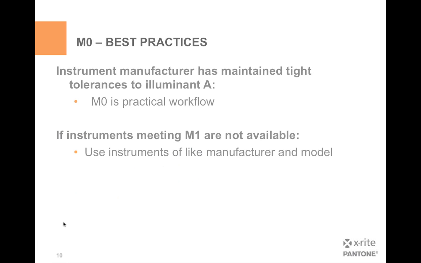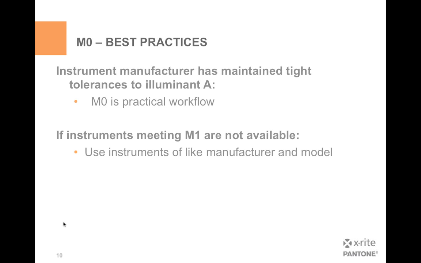If we move on to the next slide here, we'll understand some best practices, right? So part of it is making sure that you're using instruments that have maintained a tight control of illuminant A, and M0 then becomes a very practical workflow, which we've been using for years. It also says, though, that from the ISO perspective, if you are measuring something with OBAs or measuring fluorescent inks, M1 is preferred.